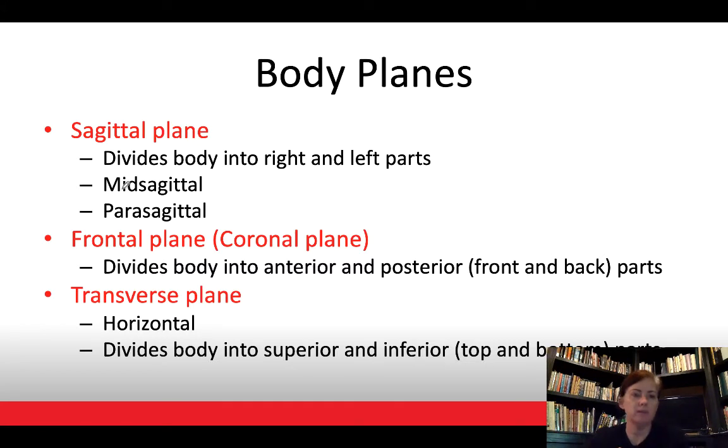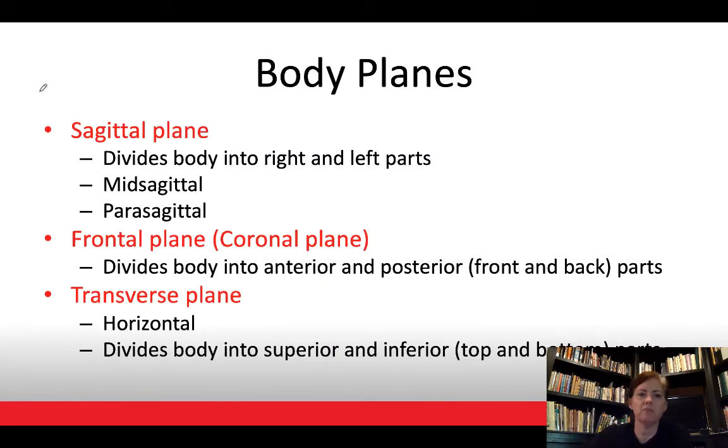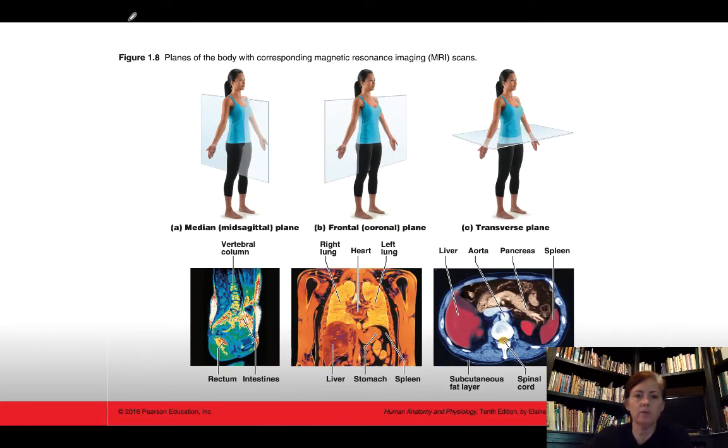We also have body planes. These are basically slices that we can cut the body in, or we can cut a particular structure of the body, so we can open it up and see structures on the inside. What we see here are three types of planes. One is the sagittal plane. The sagittal plane is going to cut our body into left and right parts.